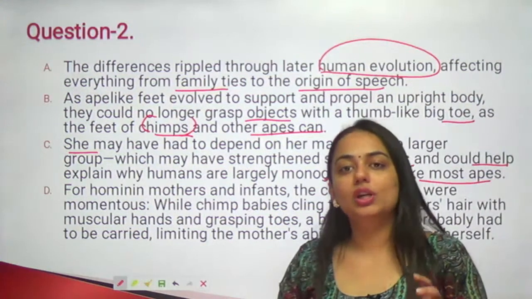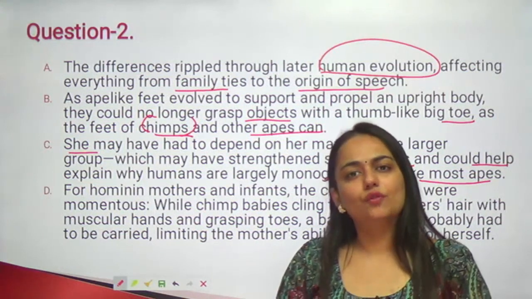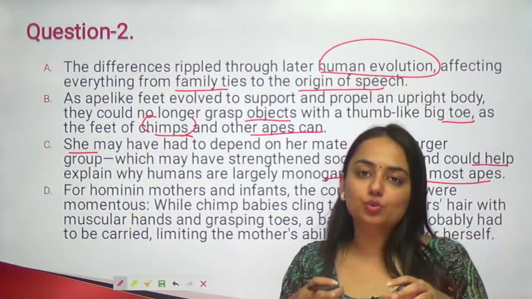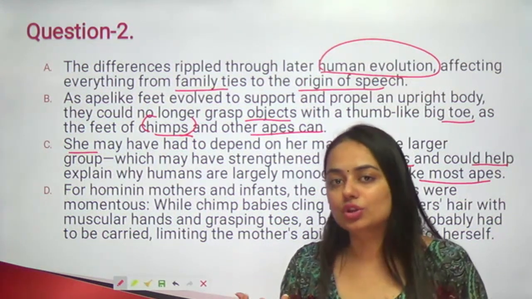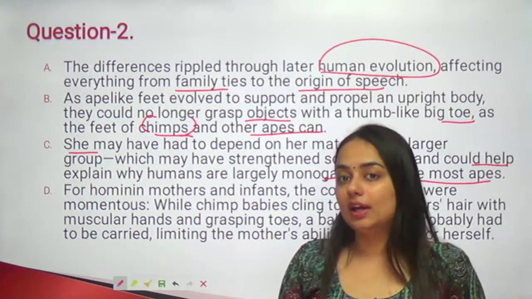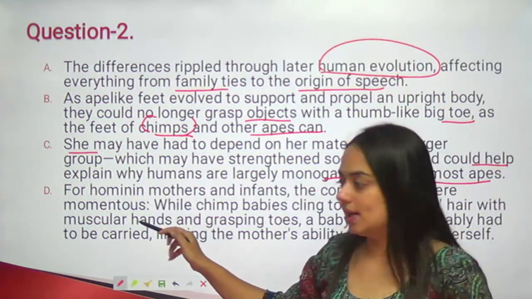Monogamous, having only one spouse, having only one marriage, you can say. So why is that? We have evolved from the apes family, and we are so much towards monogamous marriages, whereas this institution is no concept for the animals and for the other apes. So one reason can be, let's read the last one and then I'll tell you.